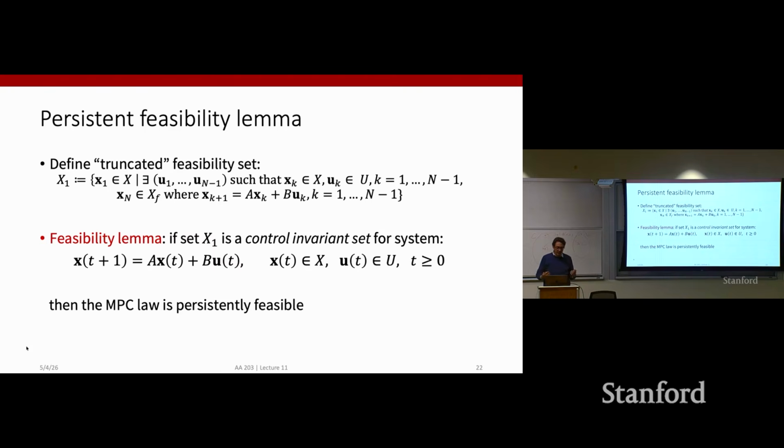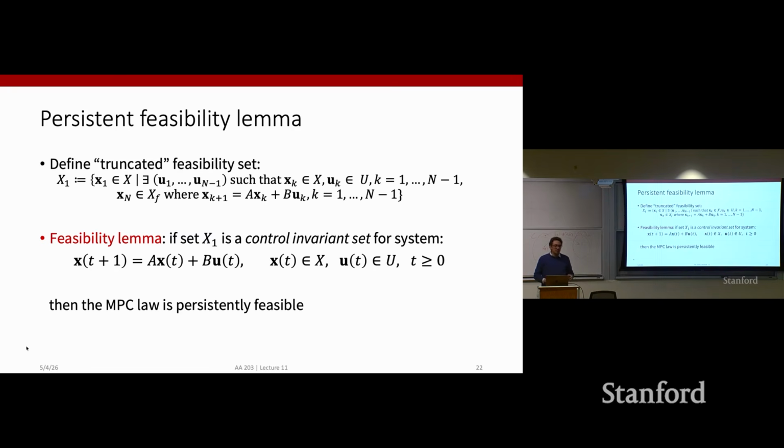Now, the result per se, we'll prove this result next time. The result per se is completely useless because your tuning knobs are X_F, the terminal cost P, and the horizon N. You don't really control this, you don't really tune X1.